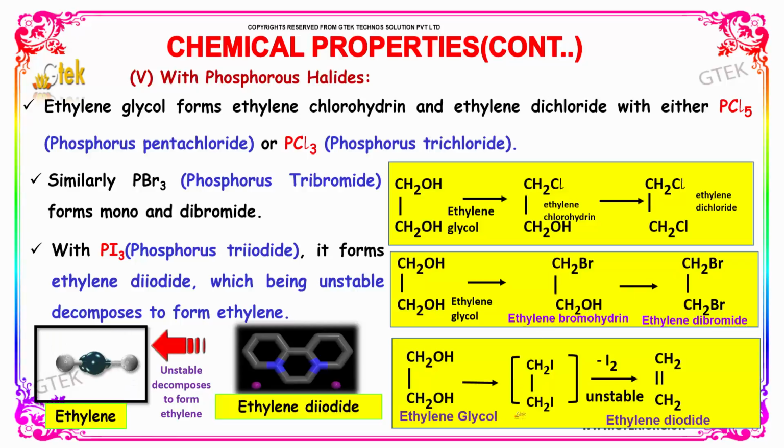Similarly, this is the intermediate product of ethylene glycol on addition of PI3. On removal of iodine, we obtain a double bond between the carbon atoms, and this is known as ethylene diiodide, which is a very unstable product.